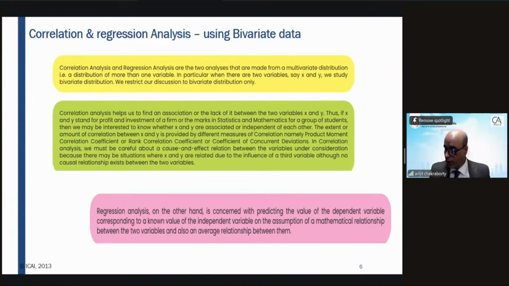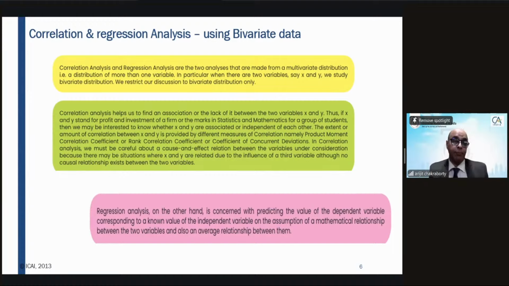Say for example, let us take the simple case of advertisement expense. So X is the advertisement expense. We have got the data, so it is the independent variable. But now we have to find out what can be the possible revenue or the sales on account of advertisement.